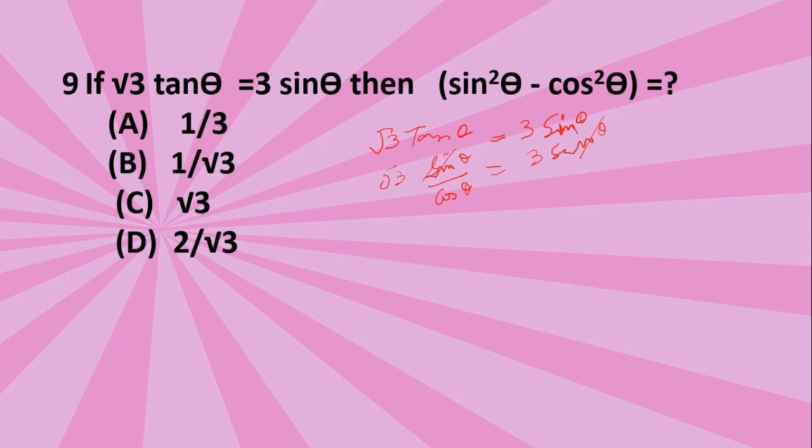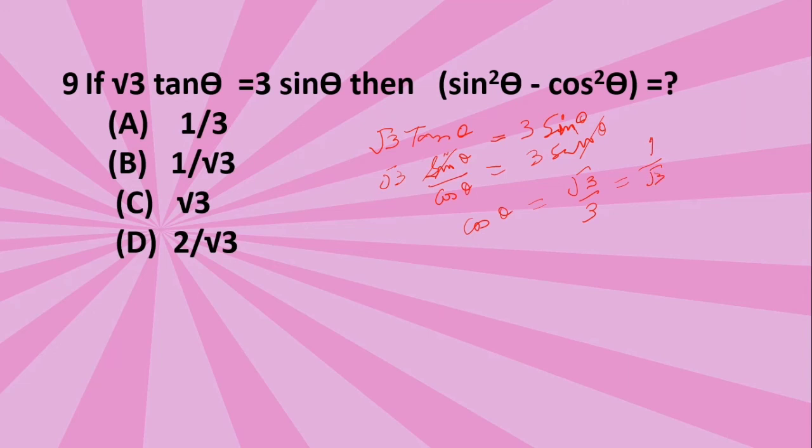Cancel this. So you can write cos theta, take it over here. So it is root 3 upon 3, that is cos theta is root 3 upon 3, or you can write it as 1 upon root 3.